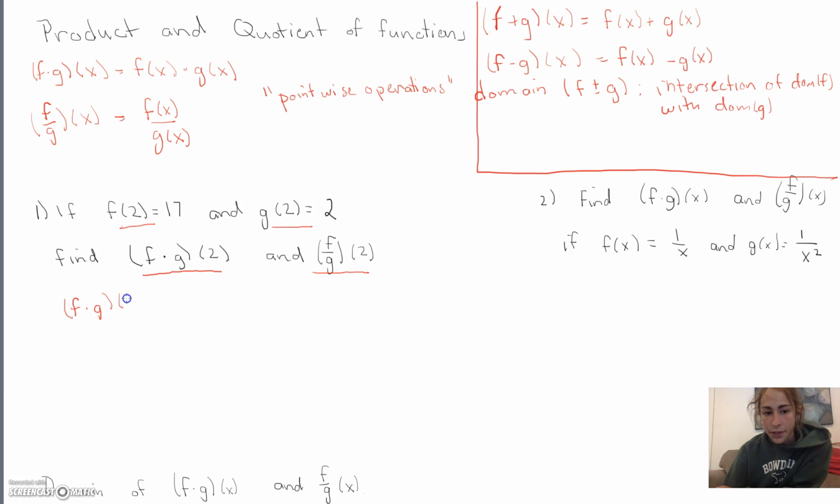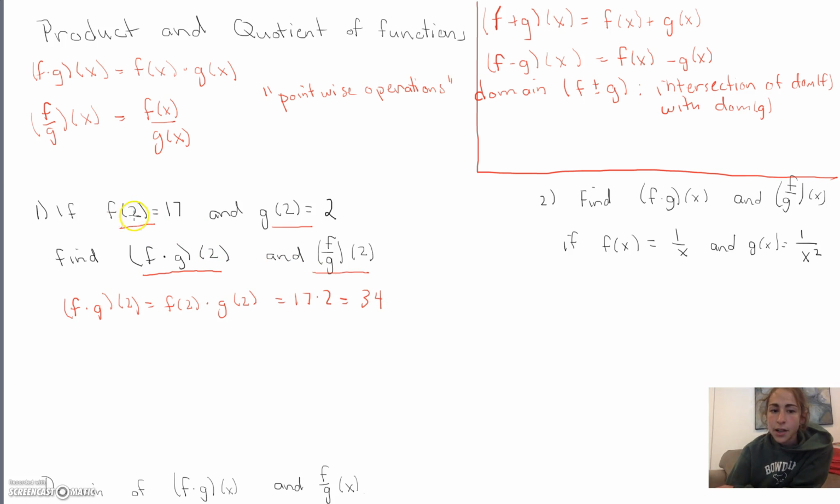f times g of 2, by the definition, is just going to be f of 2 times g of 2, which is just 17, that's f of 2, given to us, times 2, g of 2. And that's 34.